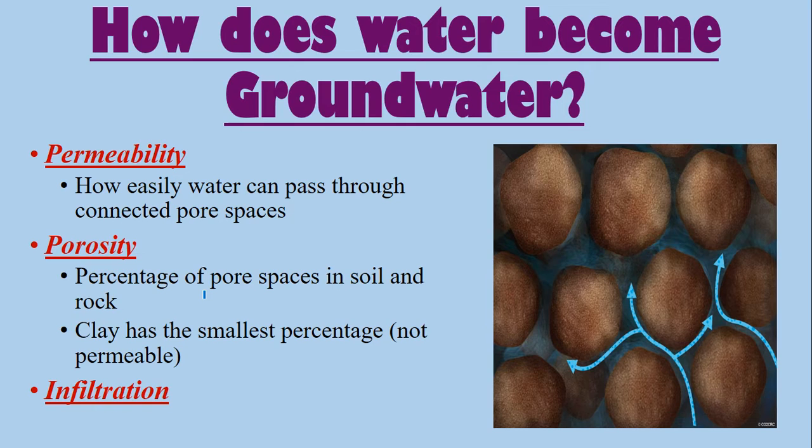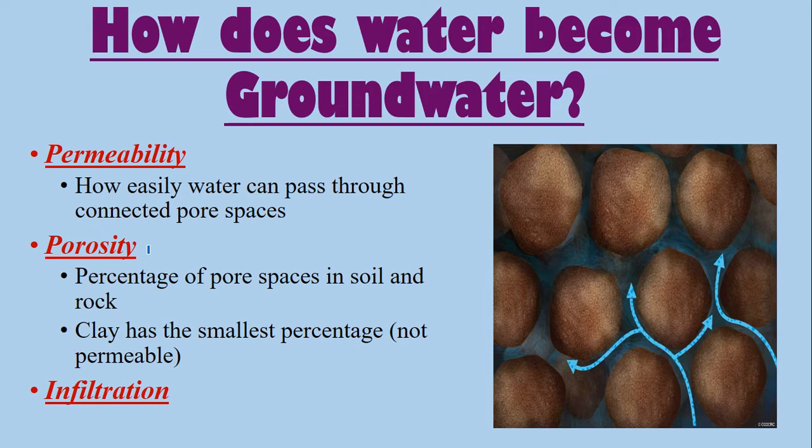Now, how does water become groundwater? Well, you have three things you have to deal with. Permeability, which is how easily water can pass through connecting pores, and those pores are in the soil. You got porosity, the percentage of pores that are in the soil and the rock.